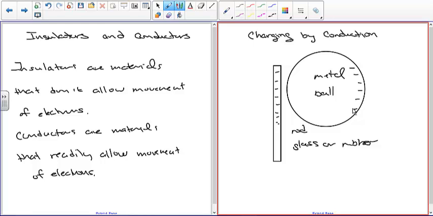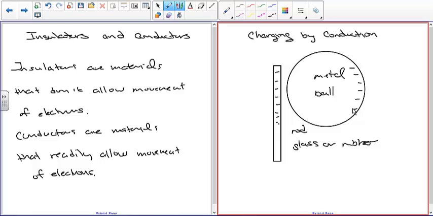So this side becomes negatively charged, and this side becomes positively charged. Then when I touch it, because I have the positive charges over here and the negative charges there, they transfer the extra negative charges to the sphere. And then when I remove it, this becomes charged with the electrons.